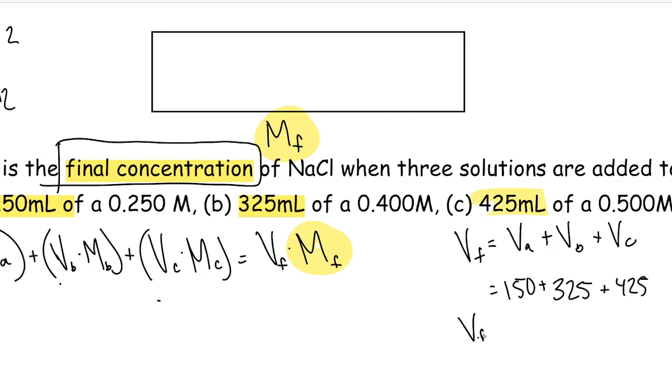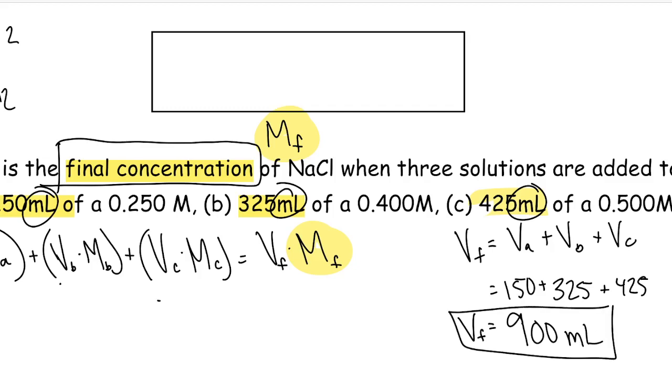So my volume final is going to equal what? What'd you say? 900. Perfect. And the reason I could just add them all together is because they were all in milliliters already. I could be tricky and give you something in liters and then ask you to convert it. You need to be paying attention to your units. So it's okay to keep this in milliliters as long as everything stays in milliliters the entire time.